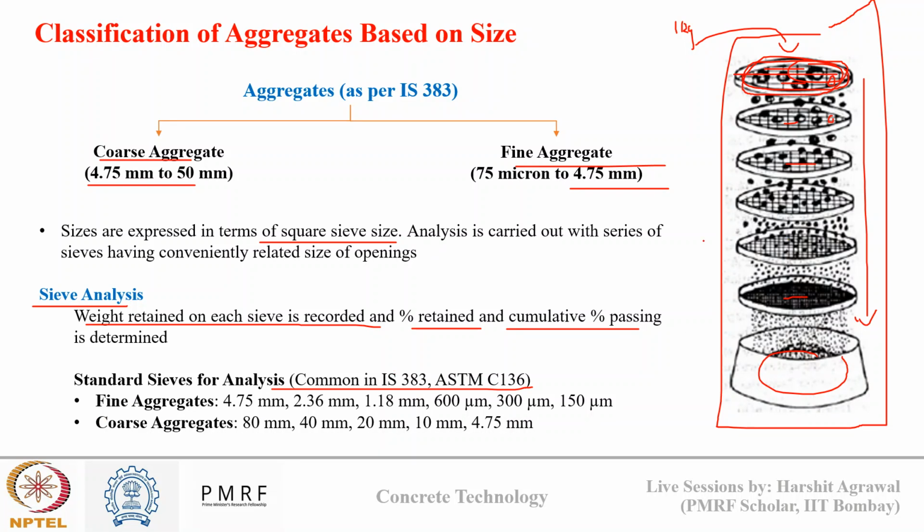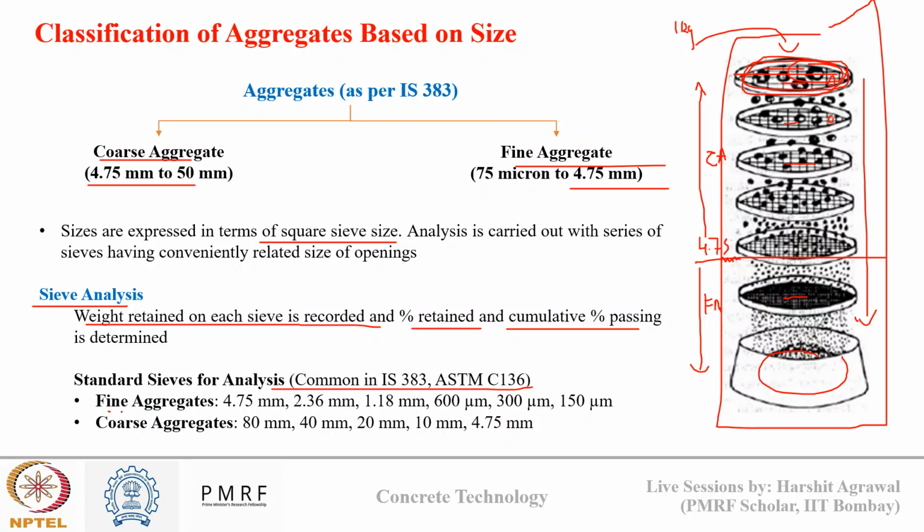Suppose this is my sieve having a square opening of 4.75 mm. All those aggregates which are passing through this sieve will come under the category of fine aggregates, and all those aggregates which are retained above this sieve will come in the category of coarse aggregate.